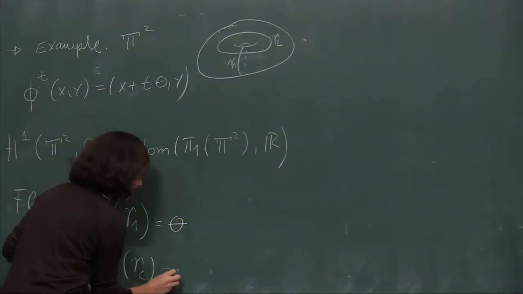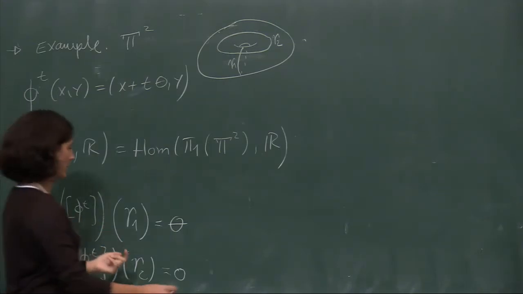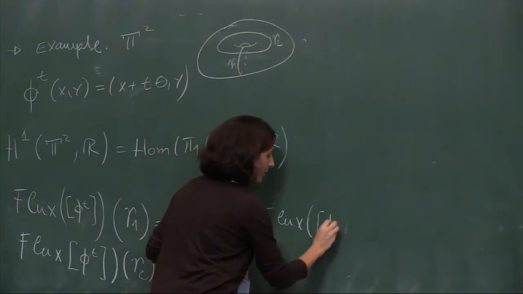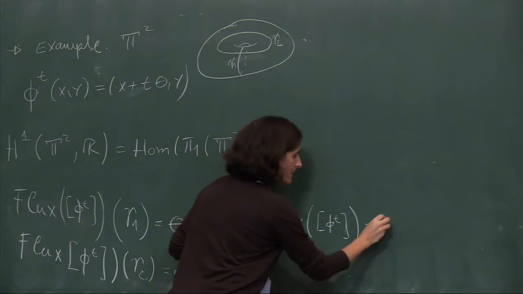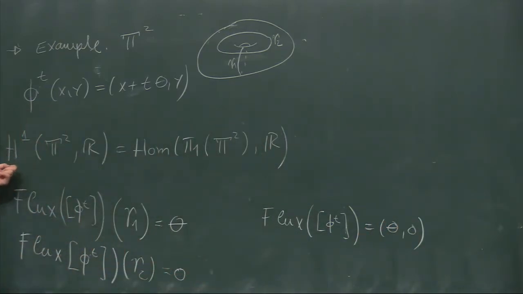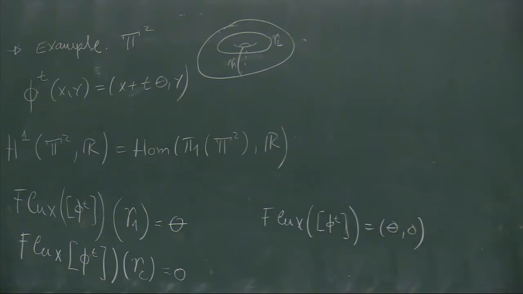So if you want to identify H^1 of T^2 with R^2, I could write the flux of phi_t as (theta, 0).